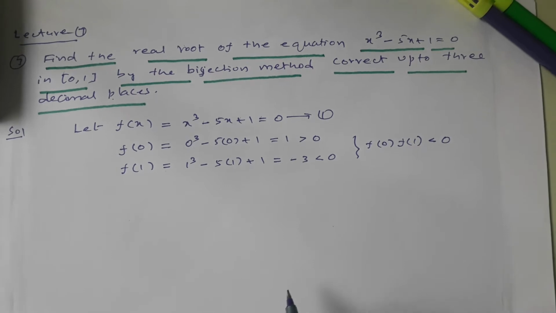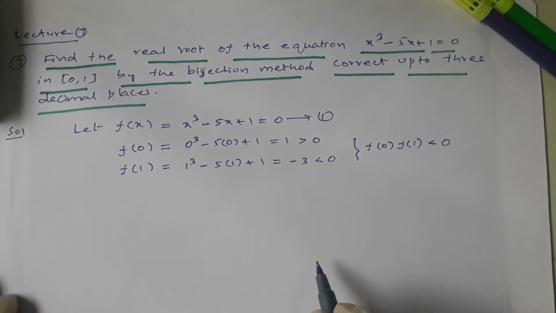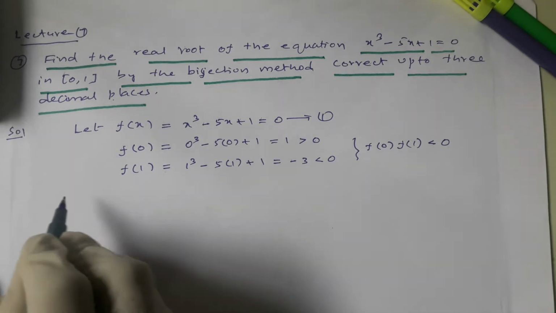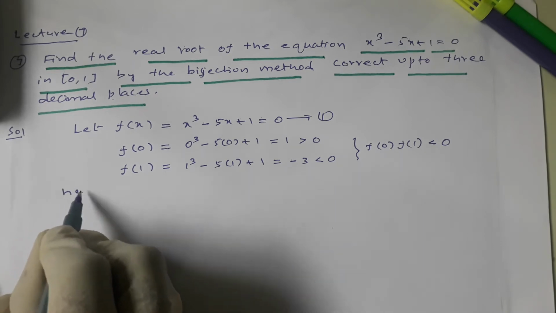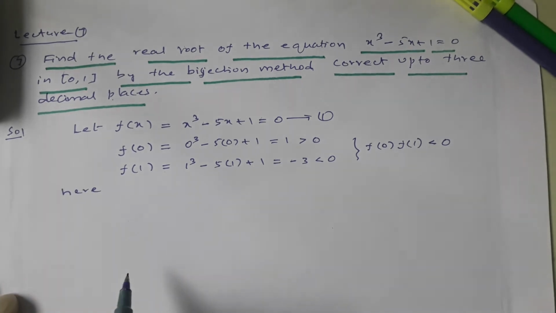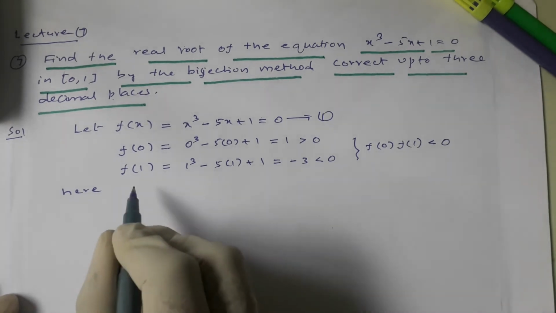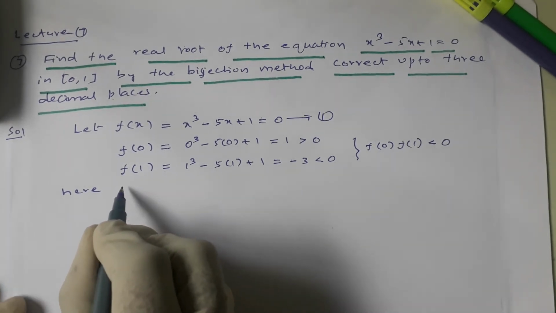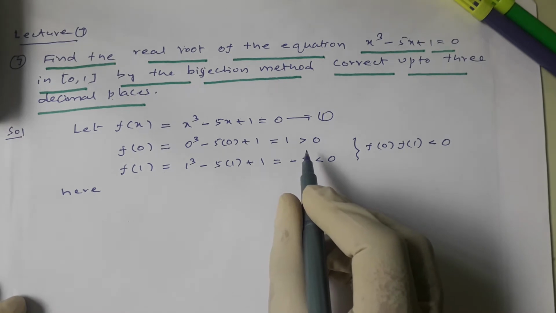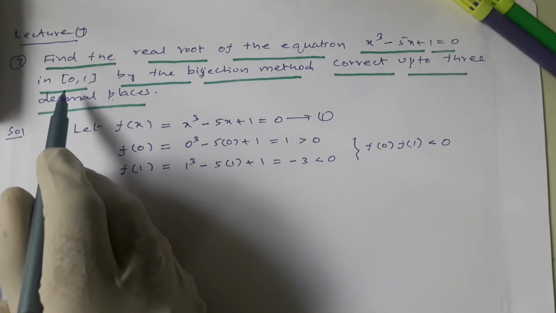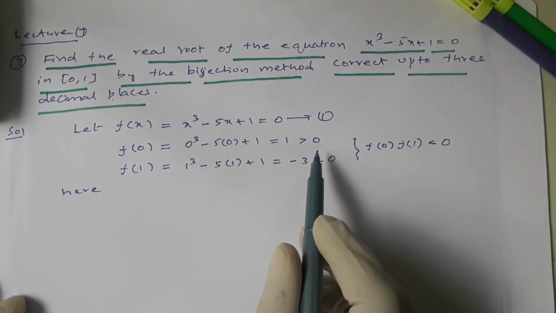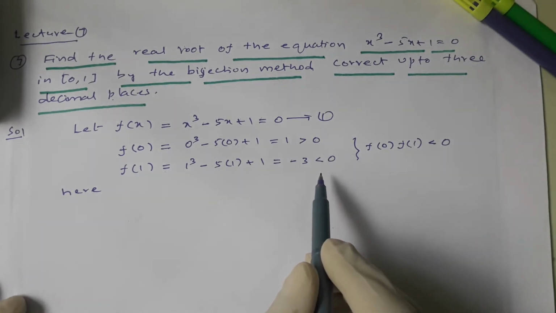In the procedure we have f of a into f of b less than 0 in the closed interval a, b. But here the sign changes. Previously, the lower limit gave a value less than 0 and the other one greater than 0.